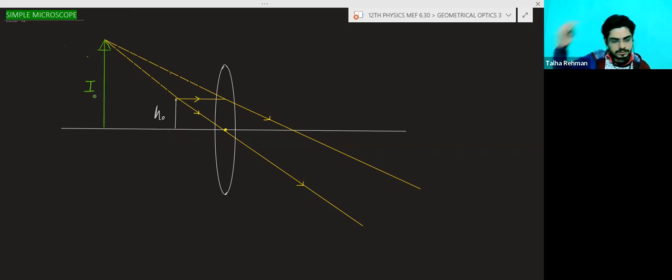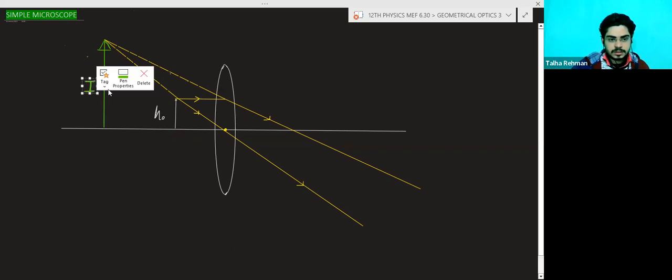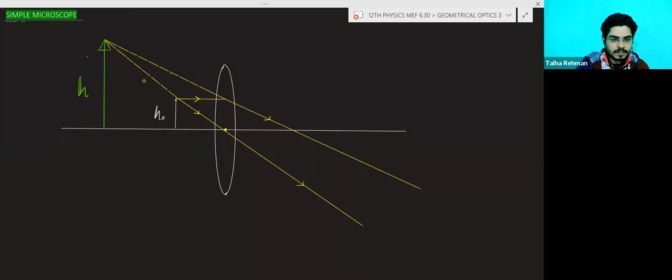If you get the magnified image, then you will see the object properly. This is the height of the image. From this side you will see.